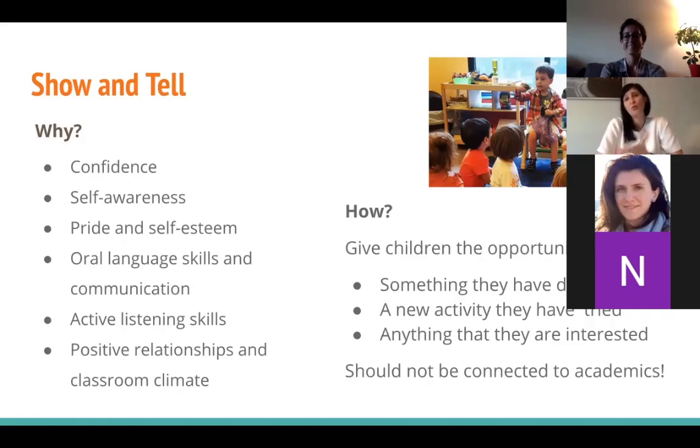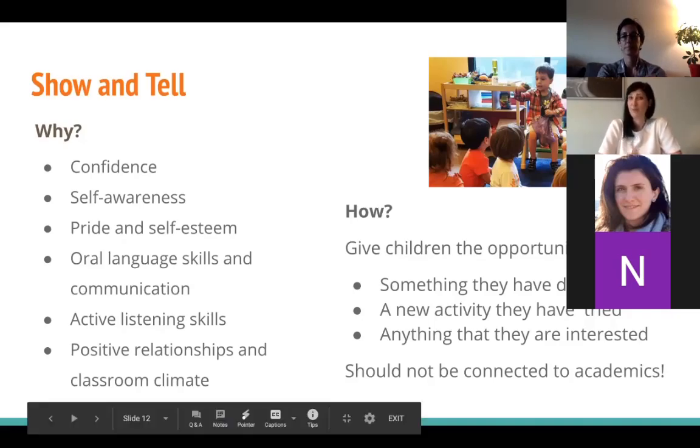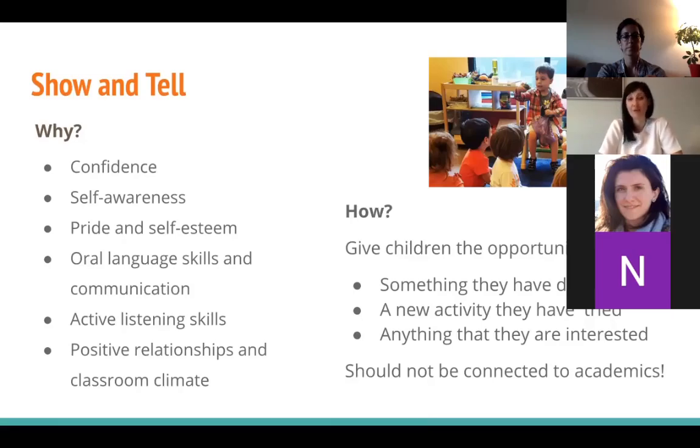Why? Because kids are so proud to share that with you. They want to talk about it, and it's easy for them to talk about it because they can relate to it. So by narrowing it down to academics, we limit that, and we're cutting out that opportunity for language development. So if they are allowed to just present anything that they've done at home, something they've learned new, something they have achieved, something they're interested in, you will get much higher outcome and participation.